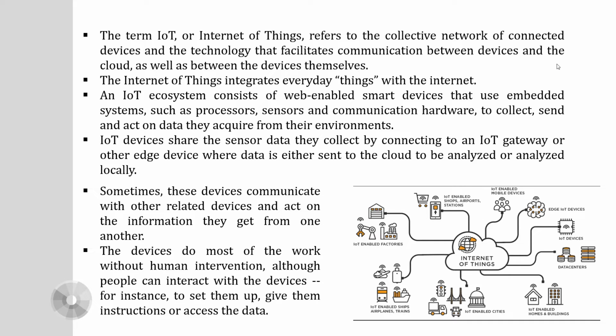An IoT ecosystem consists of web-enabled smart devices that use embedded systems such as processors, sensors, and communication hardware to collect, send and act on the data they acquire from their environment. And next, the IoT devices share the sensor data they collect by connecting to an IoT gateway or other edge devices, where data is either sent to the cloud or analyzed locally.